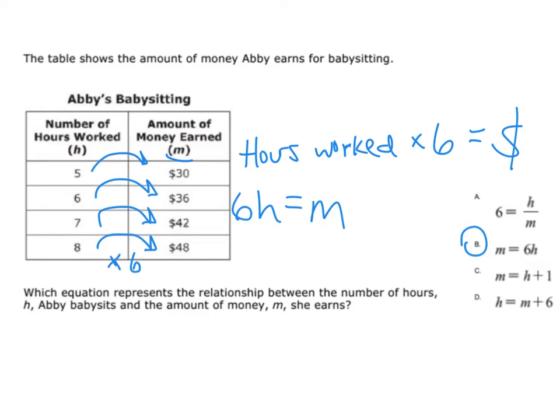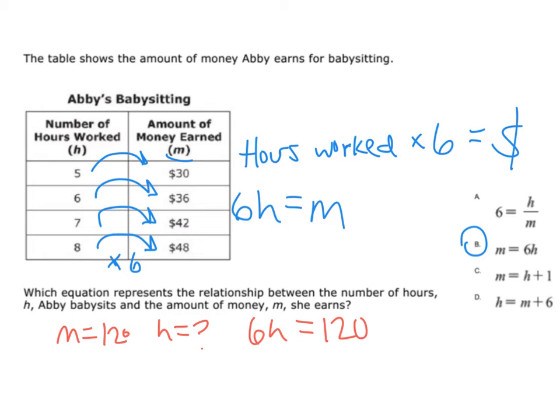Well, then that would mean that the amount of money she would make, M, would be 120, and we want to figure out how many hours she worked. So if we plug that into our equation, 6 times H, which is our missing number, is equivalent to 120.